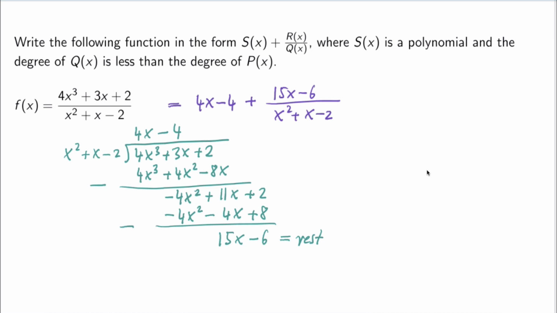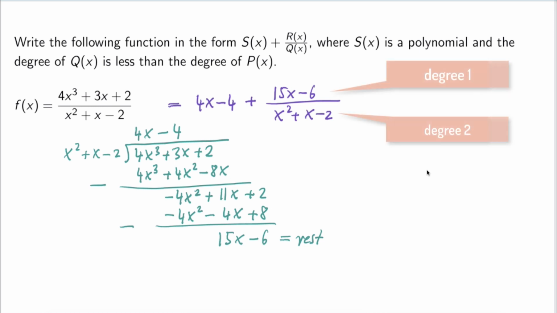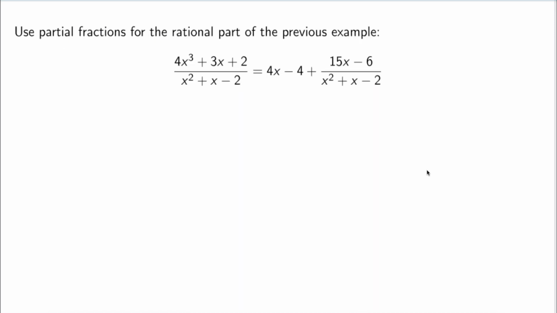Okay, but now we are happy. So the degree of the bottom is higher than the degree on the top. And now we want to do the partial fraction part on the second term. So we want to write now 15x minus 6 divided by x squared plus x minus 2 as partial fractions, which means we need to find the linear factors of the denominator.